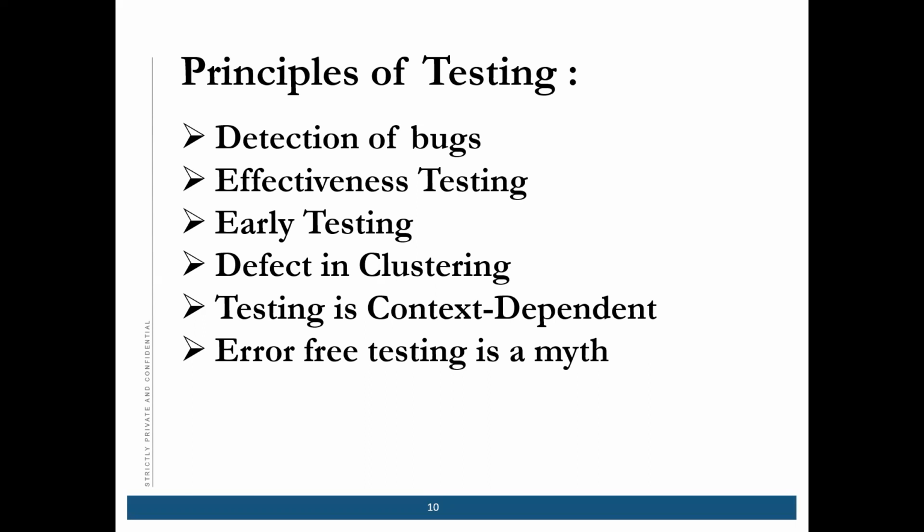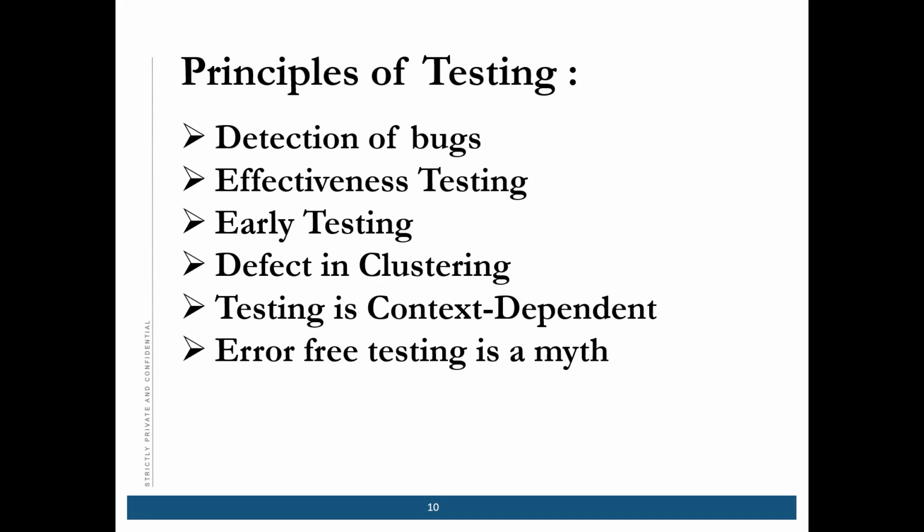Okay, I will explain it. Detection of bug. So the main principle, as I told you earlier also, the main role of a software tester is to find the defect, correct?